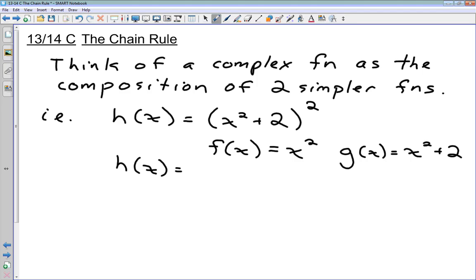We're basically taking g at x, subbing it inside f at x where we see x, and combining our two functions. So h at x would be f at g at x.